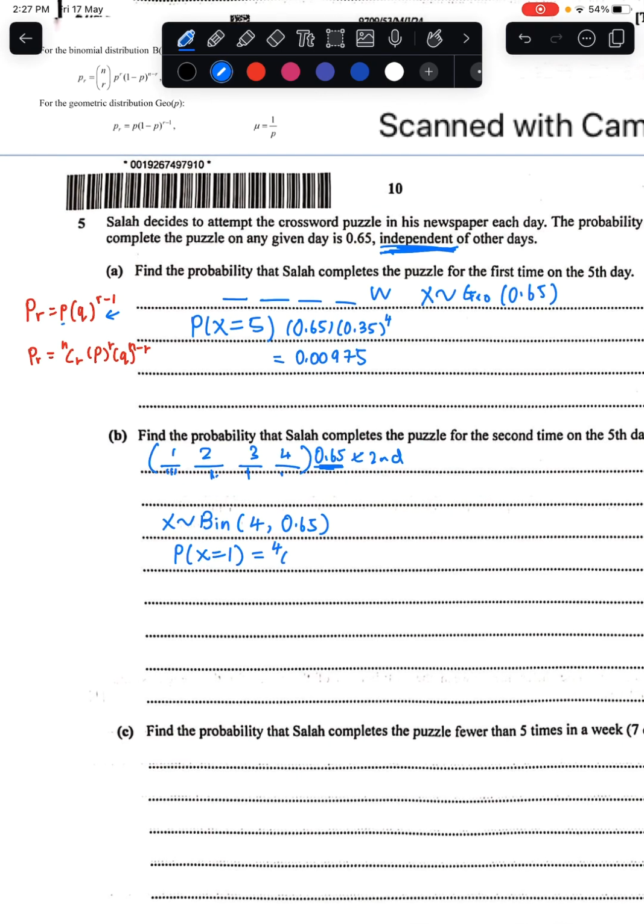So 4C1 times 0.65 is p, and r is 1, and q is 0.35, n minus r is 3. So let me calculate for you: 4C1 times 0.65 times 0.35 to the power of 3, which gives 0.111475.